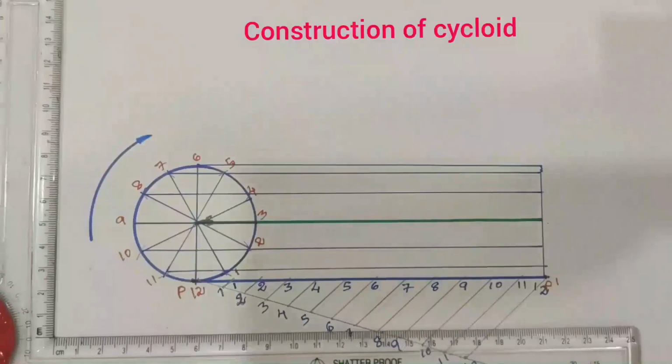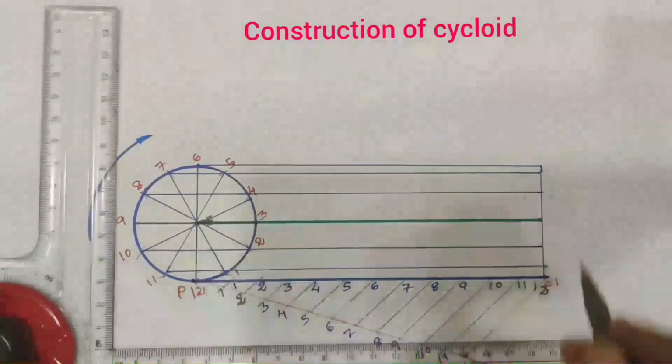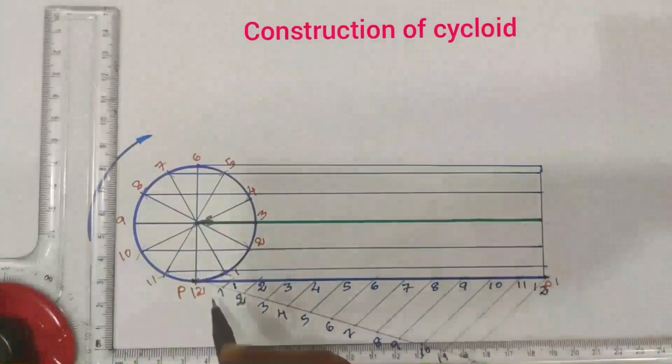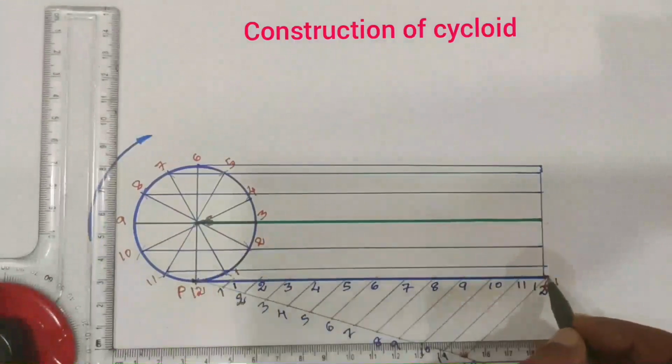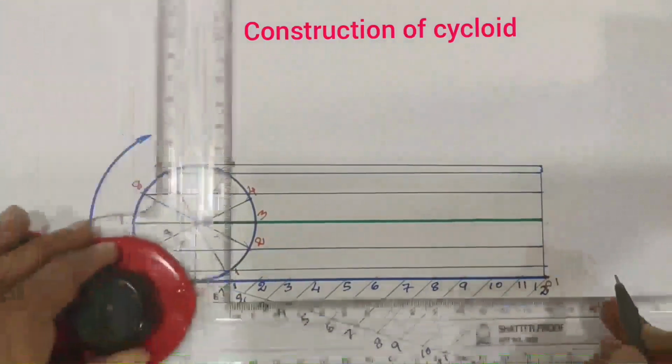Now divide locus of path line also into 12 equal parts with reference to these divisions on the directing line.